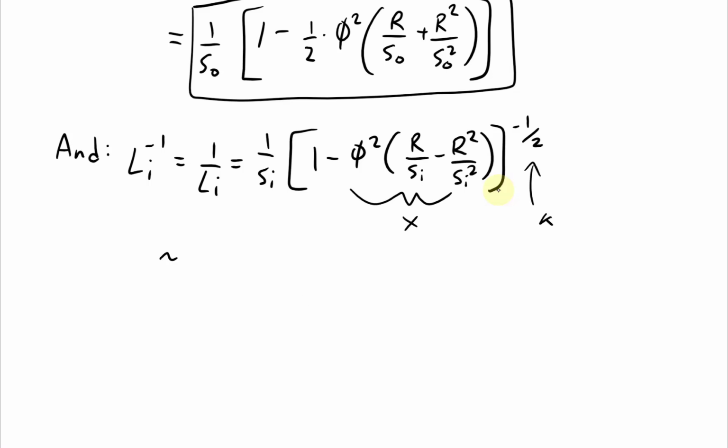So then this approximately becomes 1 over Si times the binomial series first two terms, 1 plus kx.